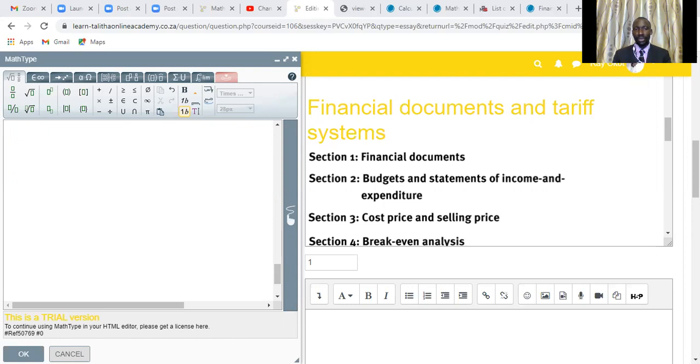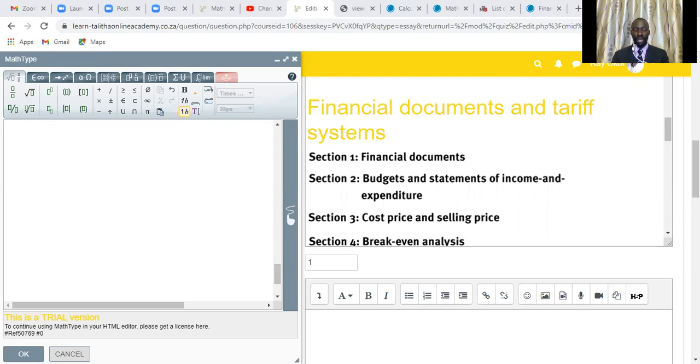Now, the content of this section of financial documents is obviously drawn from the CAPS document, and as stipulated, by the end of this section 1, you will be able to make sense of the terminologies used in the various financial documents.